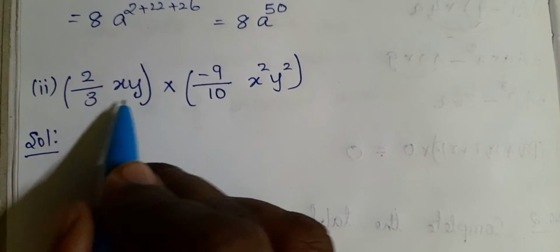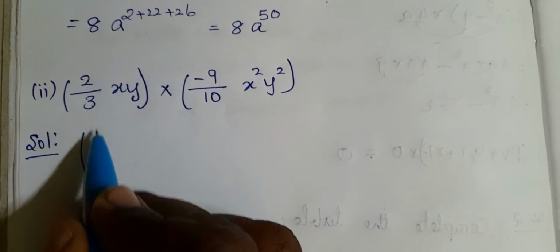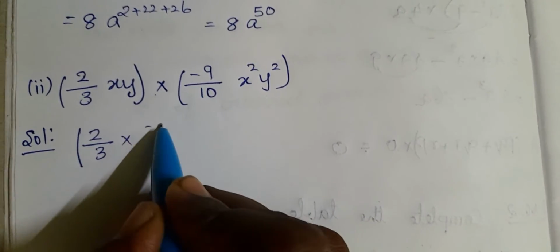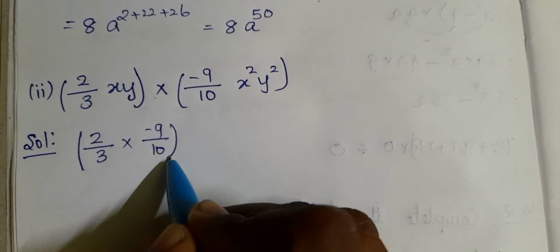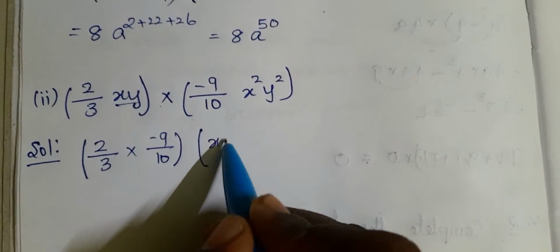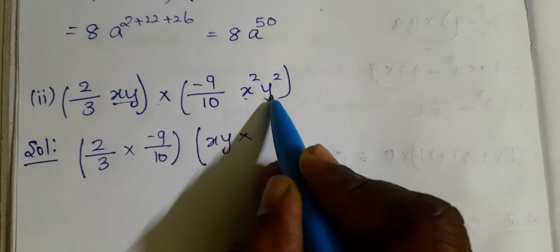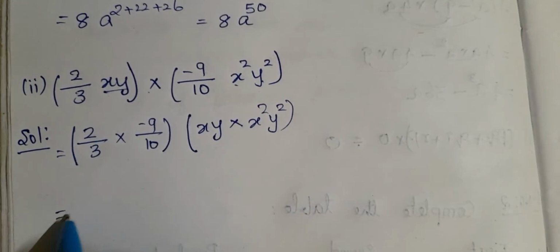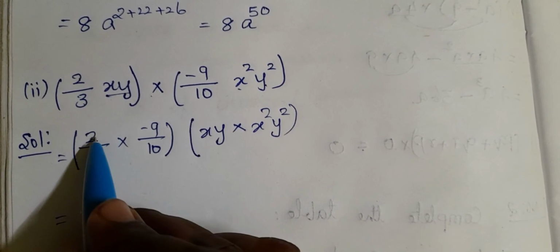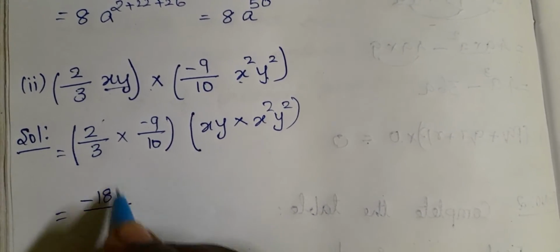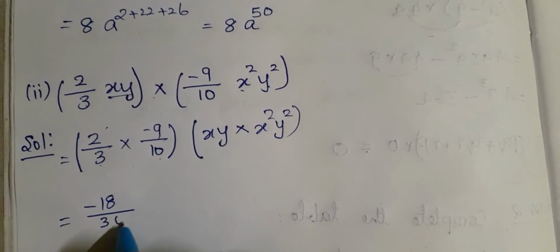Question number 2. First let us take the numbers alone. 2 by 3 multiplied by minus 9 by 10. In the next bracket take the variables, xy multiplied by x square y square. Now let us simplify this. 2 nines are 18, minus 18 divided by 3 tens are 30.